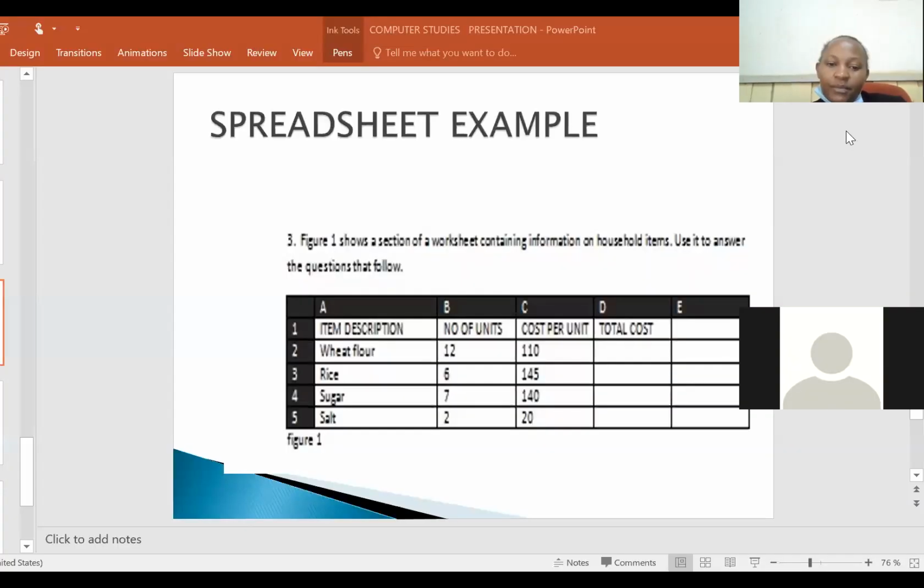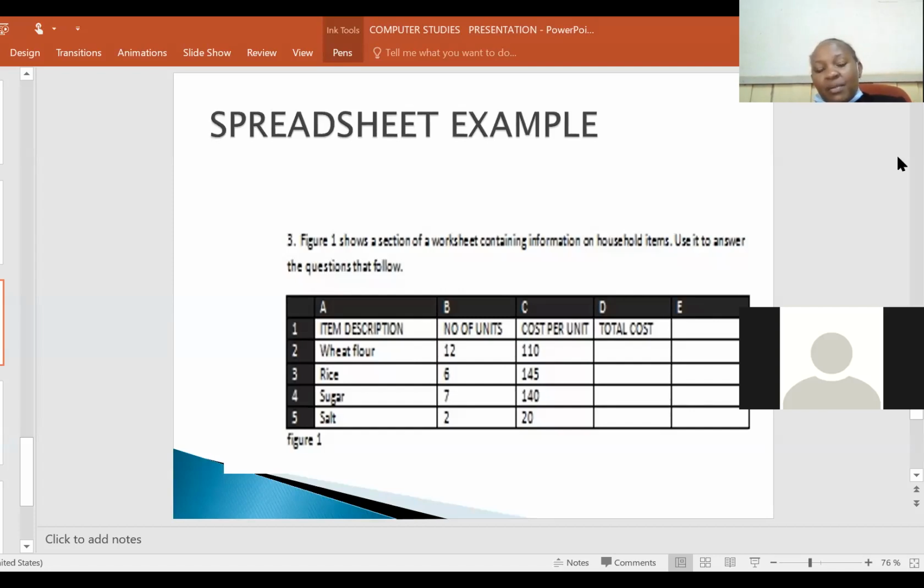So the correct function here was =PRODUCT(B3:C3), and remember the cell references are enclosed in brackets.